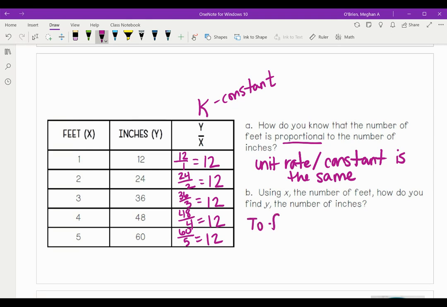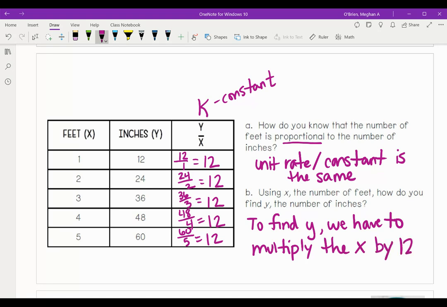To find y, we have to multiply the x value by 12. That's how we go from one column to the other. To go backwards, we use division, right? It's all about those multiplication and division patterns.